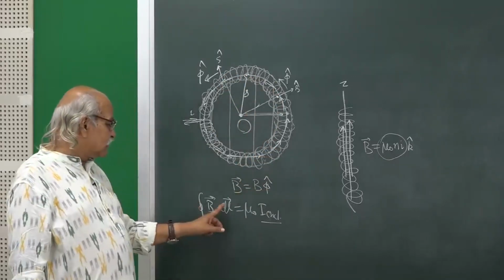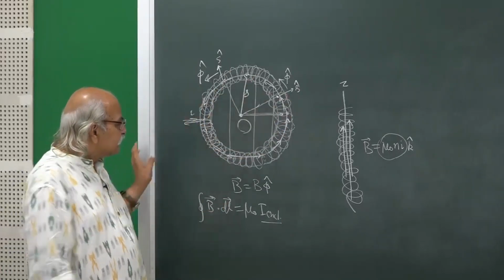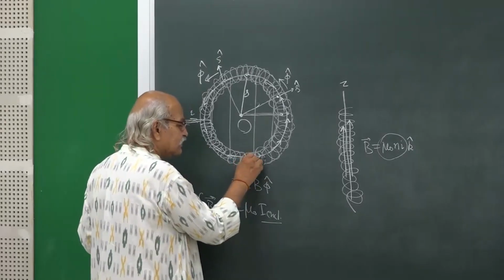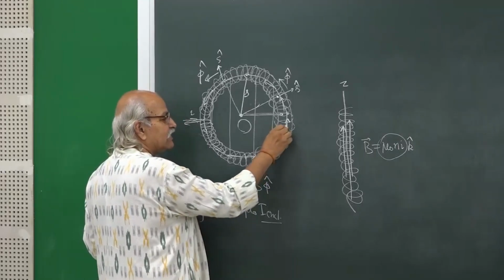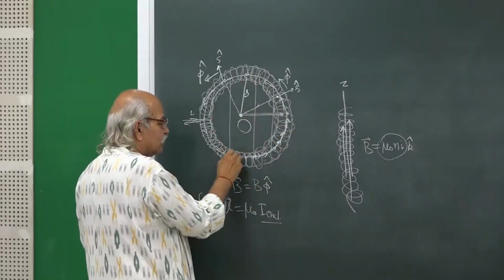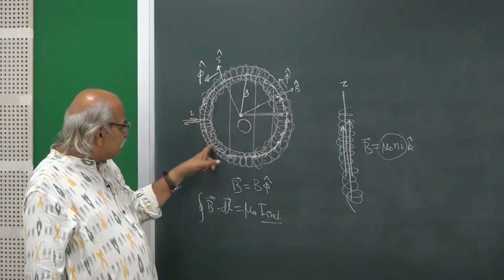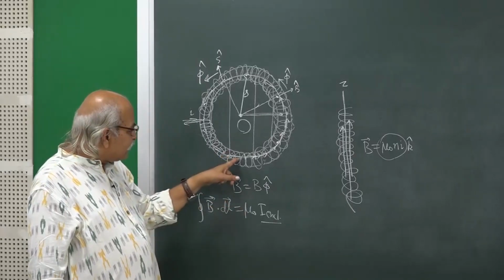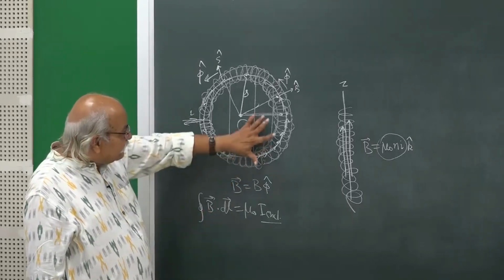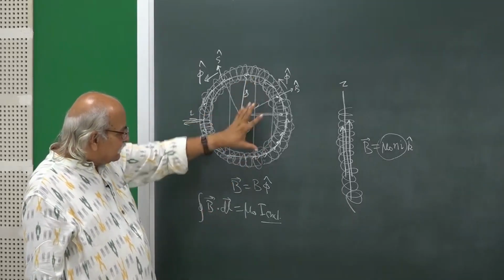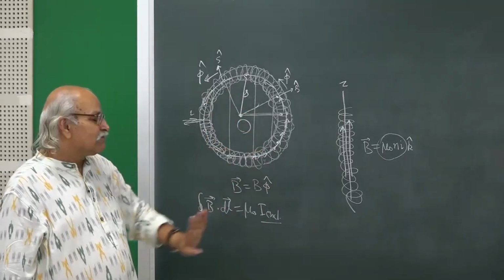Here you have a closed curve; you take a circle and then say that this is dl, here this is dl, here this is dl. So, the dl is changing everywhere like this, and you have to integrate up to here. On that closed curve you do this integration, and the area bounded by that same closed curve comes here. Through that area, how much current is crossing will come here.